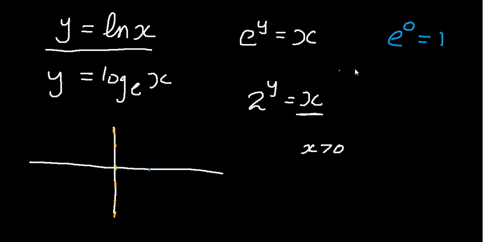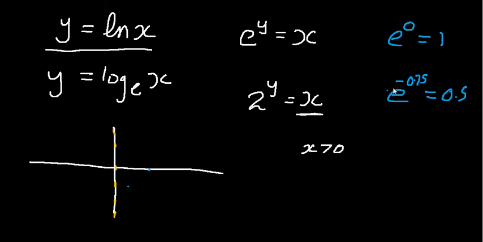If x was equal to something like 0.5, then y would have to equal some negative power, isn't it? I don't know what the precise value is, maybe it's negative 0.75, but it is a good example though. If x is 0.5, y is equal to minus 0.75. So therefore it'll be something like this.